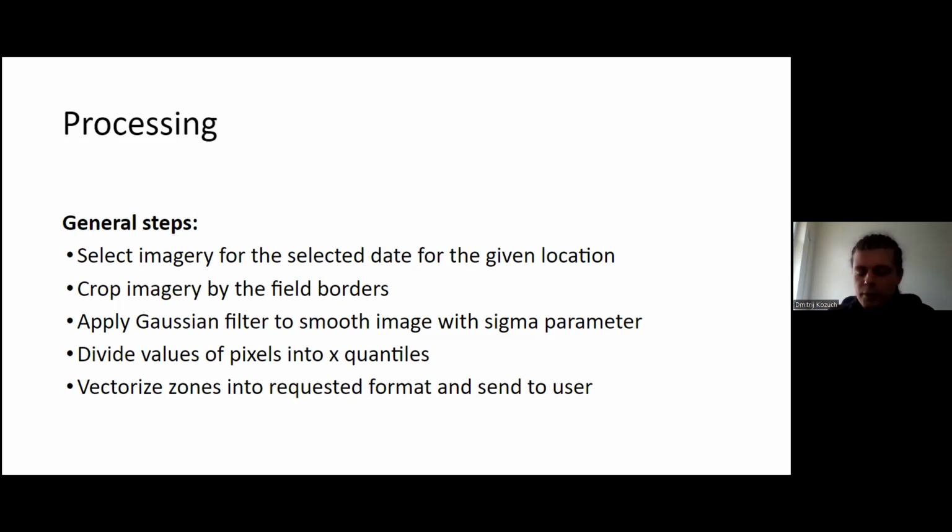If a user has 5 fields, we calculate quantiles independently for each field, because these are relative values.